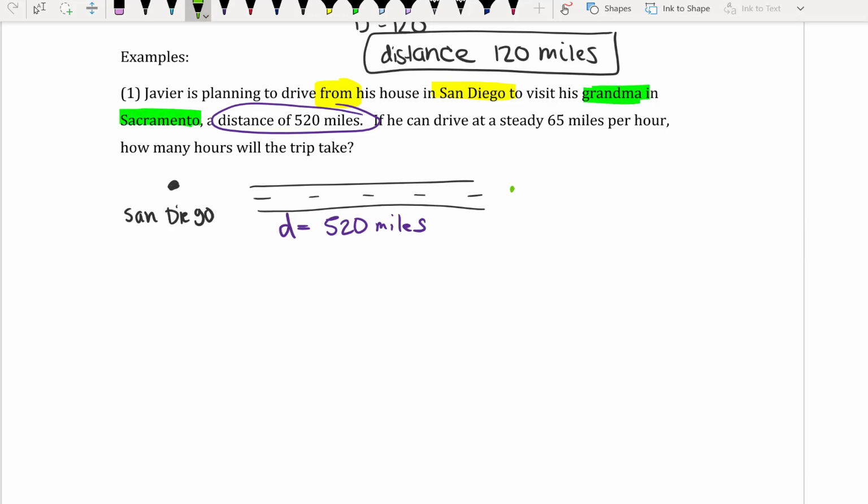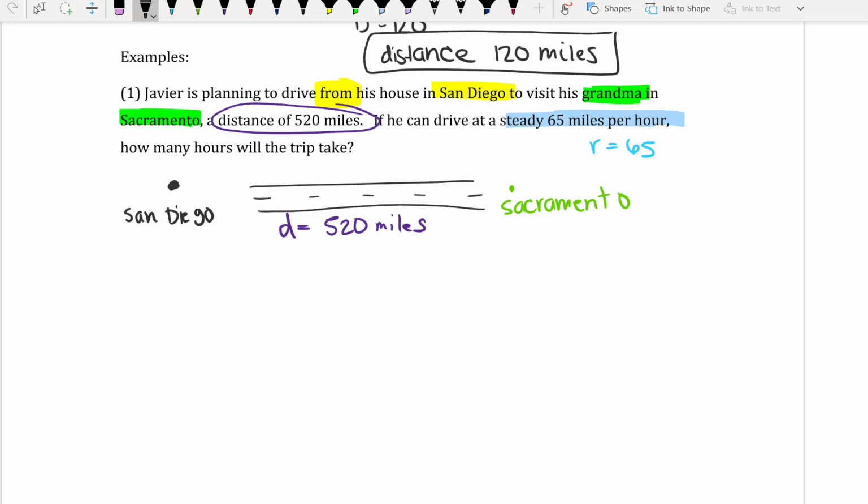So where you want to end up is in Sacramento. Now it says that I have a rate, right? A steady 65 miles per hour. So that is going to be my rate. So R is equal to 65. How many hours will the trip take?